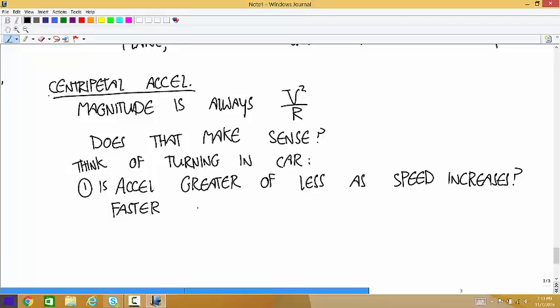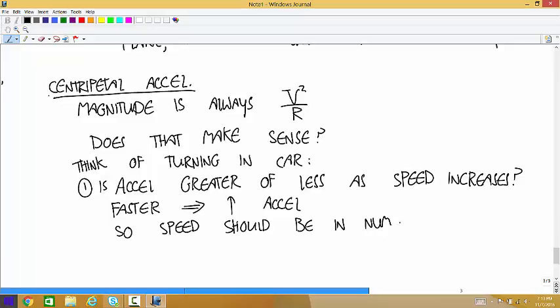So faster means greater acceleration. So speed should be in the numerator. This thinking doesn't tell us that speed is squared, but it does tell us that v should be in the top of that fraction.